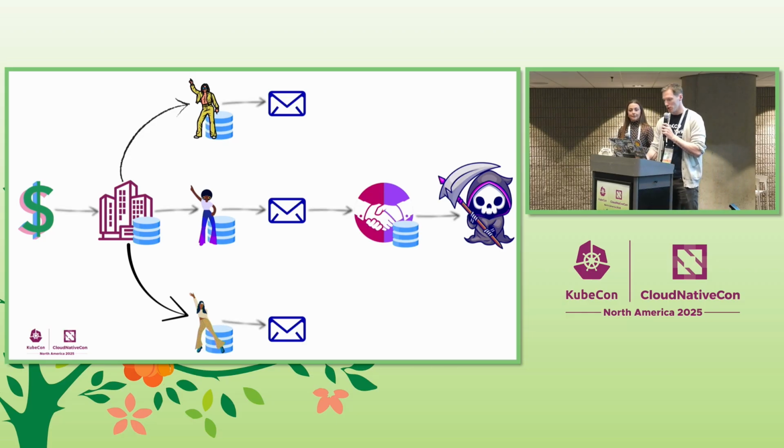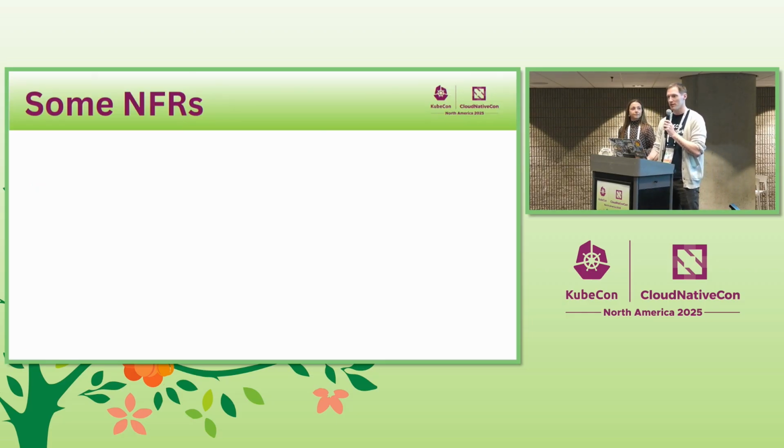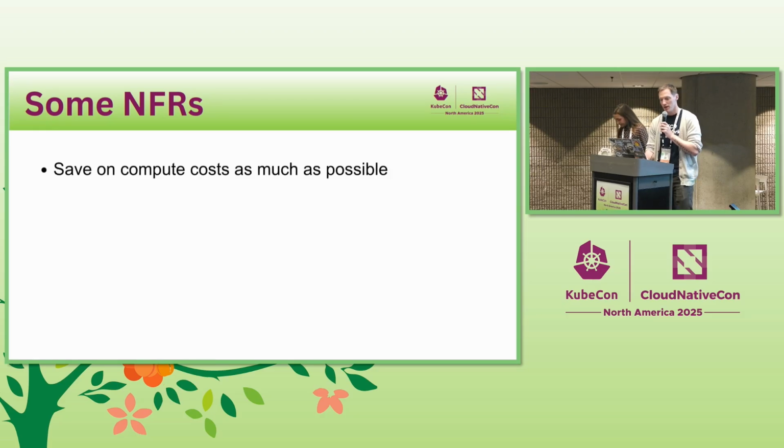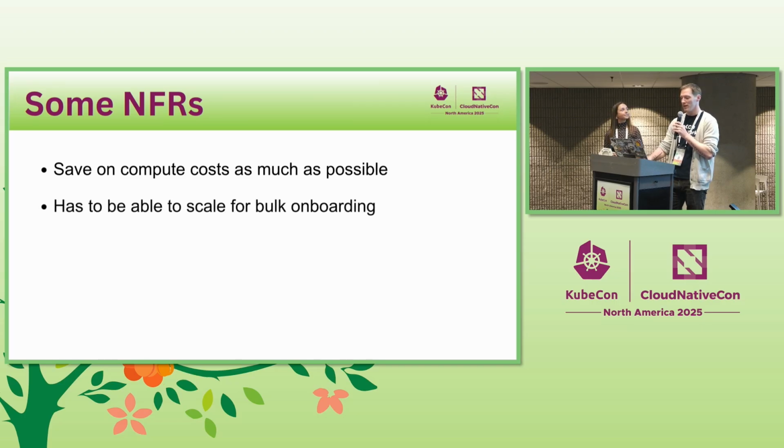All right, so let's talk about some NFRs, non-functional requirements. So first, we don't make a lot of money. We are in Disco. So we want to save on compute costs as much as possible. The solution has to be able to scale for bulk onboarding. If you go to somewhere like a roller rink, you're going to find other Disco fans, and you want to get them all at once while they're right in front of you.